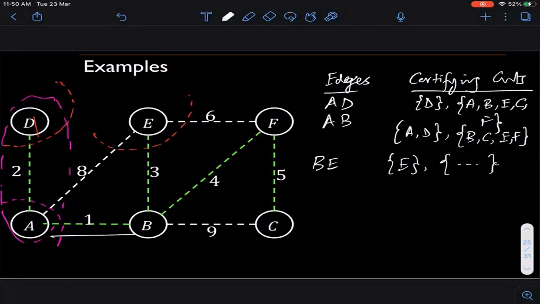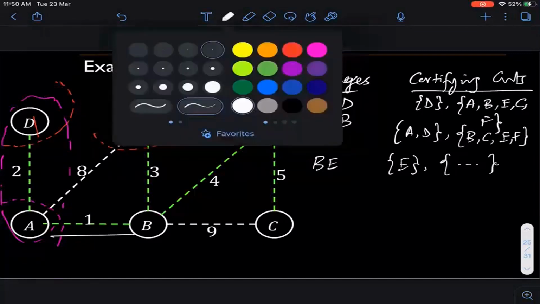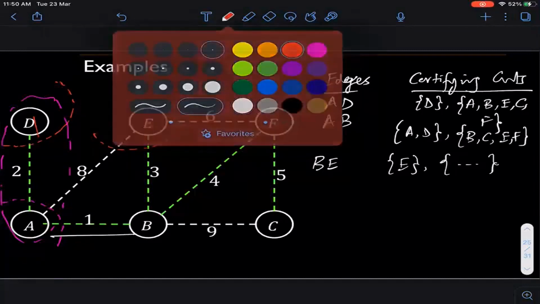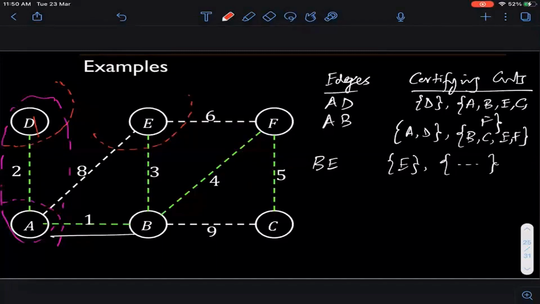Okay. How about BF? BF might be slightly. BF is also easy, right? Yeah. So this is a bad example. यहाँ पे सारे trivial cuts हो गया, but it's okay. क्या कर सकते हैं? ठीक है. So it happens that all the certifying cuts here are trivial cuts because there is a vertex such that it's incident on.